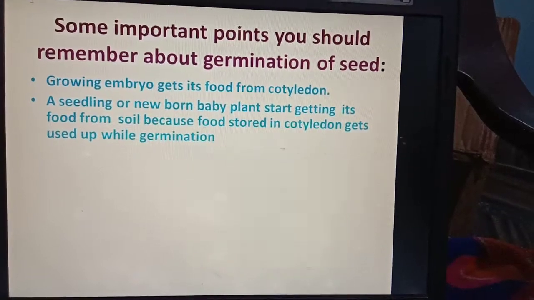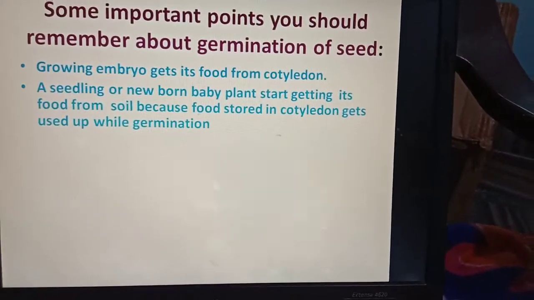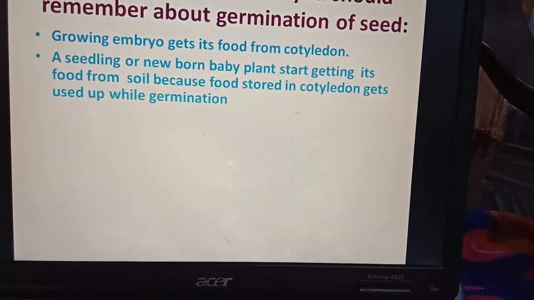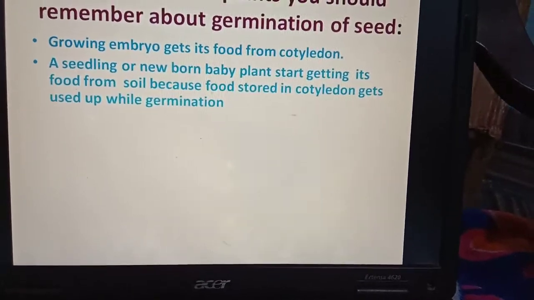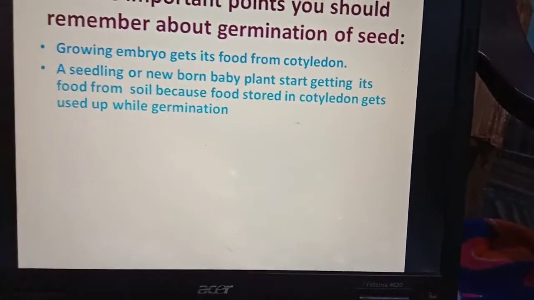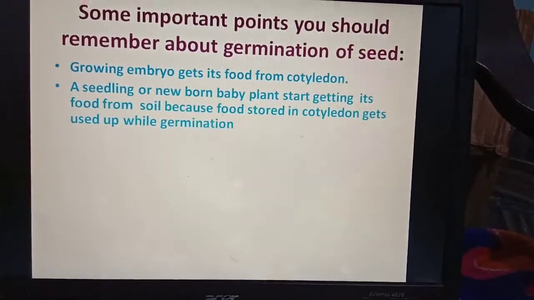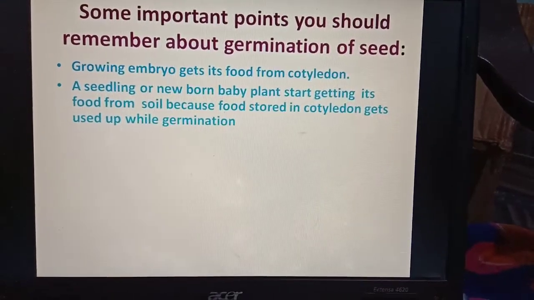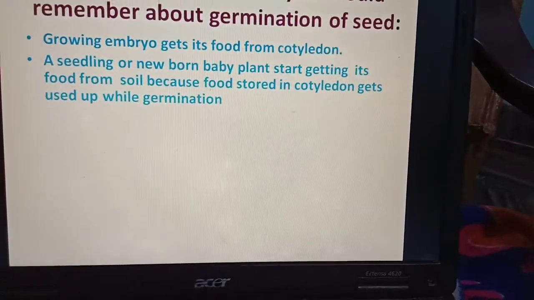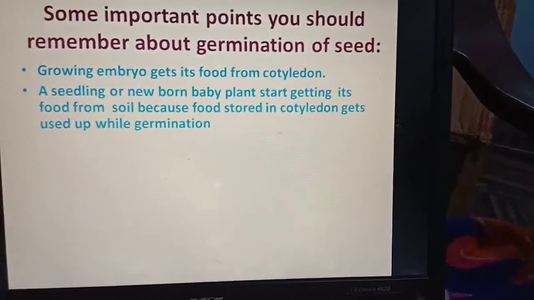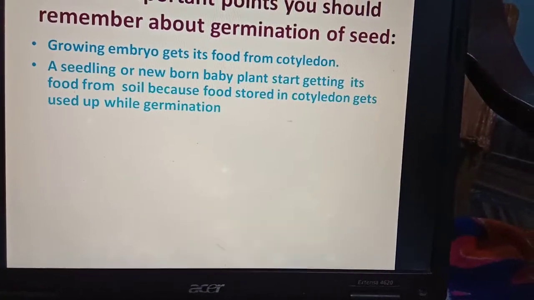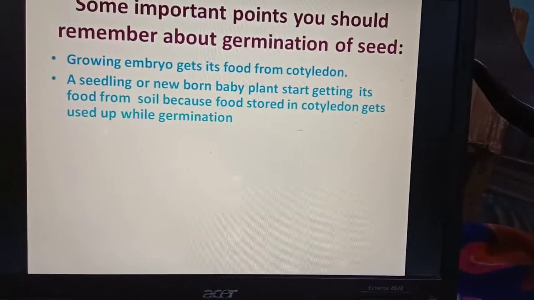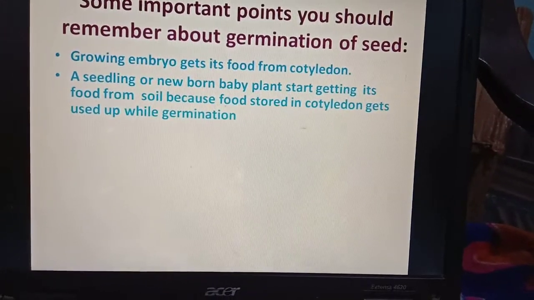Because in the first stage, second stage, third stage, fourth stage, where is it getting food from? It is getting food from the cotyledon. And when it comes to a stage when the new plant grows up, at that time the cotyledon is used up, and then the plant starts getting food from the soil.